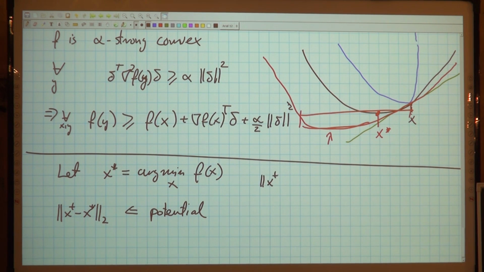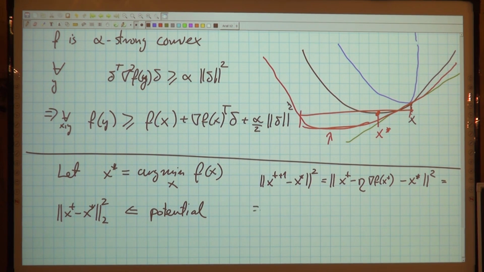So after I execute one step of my method, and this is squared, what will I get? Well, this is by definition xt minus eta times the gradient at xt, minus x star. I just use the definition of the algorithm.